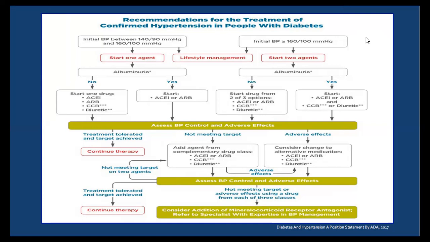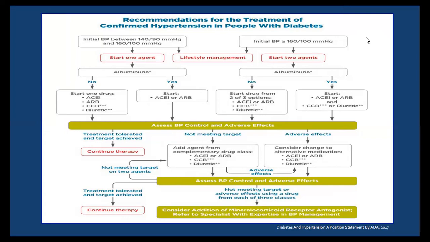Remember, diuretics can cause electrolyte imbalance. Thiazide can cause hyperlipidemia. Thiazide can cause insulin resistance. So you have to continue monitoring the side effects of these drugs. If there is an adverse side effect, you consider changing the drugs to either ACE inhibitors, calcium channel blockers, or ARBs.